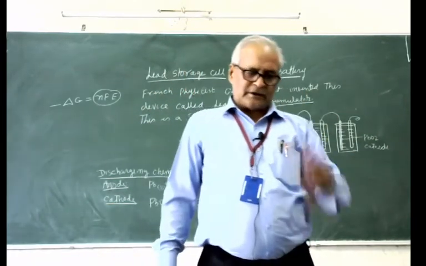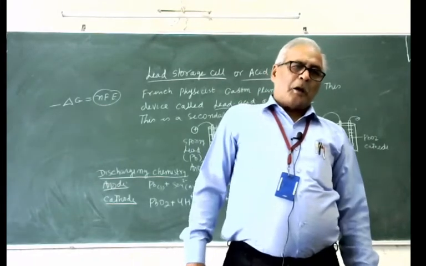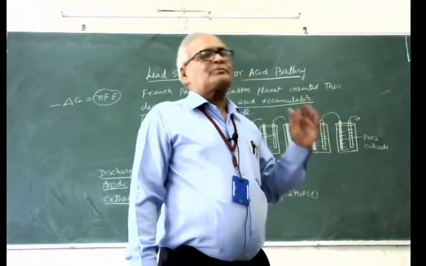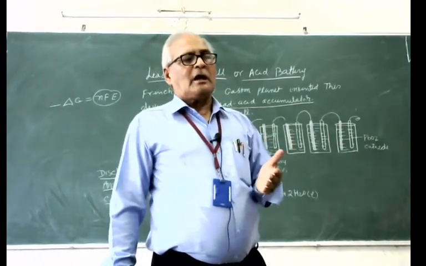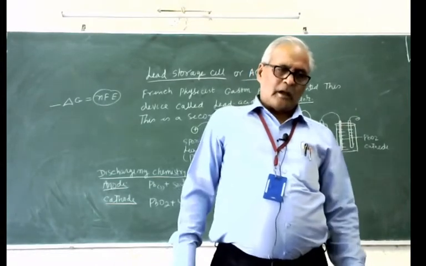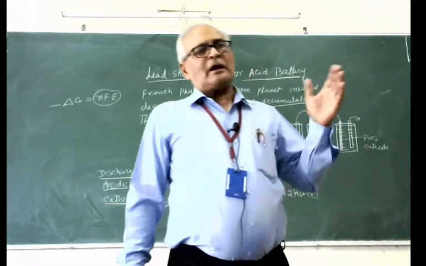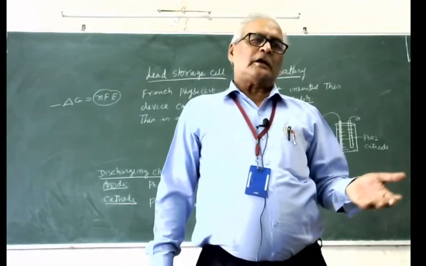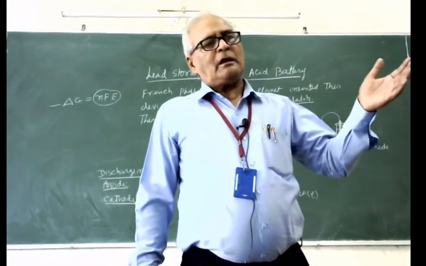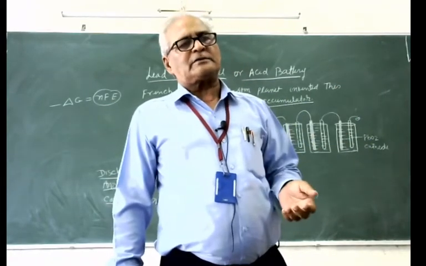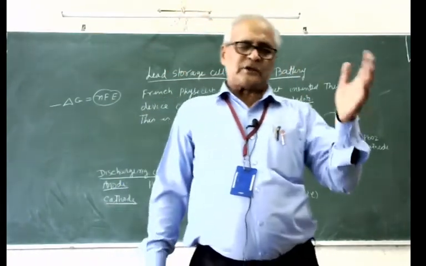This is the fundamental. But the characteristic of this battery is that we can recharge it. A galvanic cell like the Daniel cell we can't recharge. If we draw electrical energy from the galvanic cell, finally it will discharge.